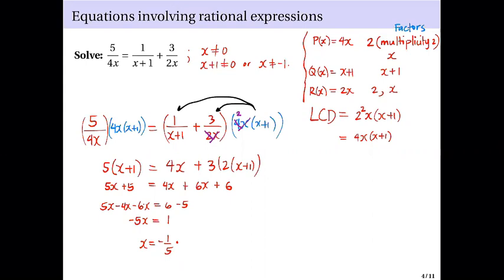Okay? So you can do the checking for this part. You substitute x equals negative 1/5 on this equation and you should get the equality.